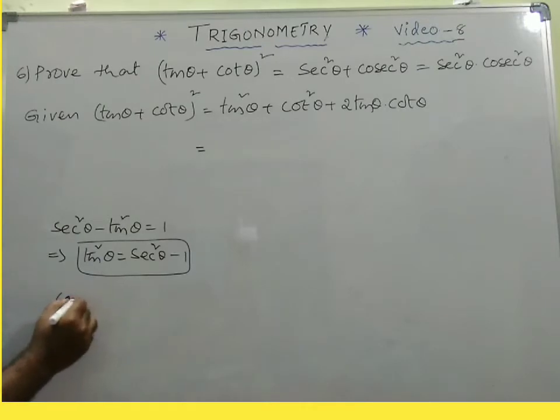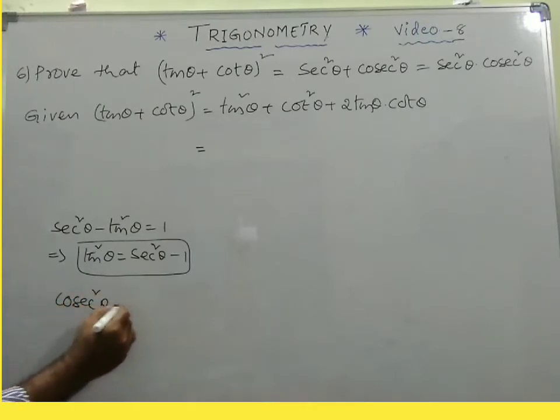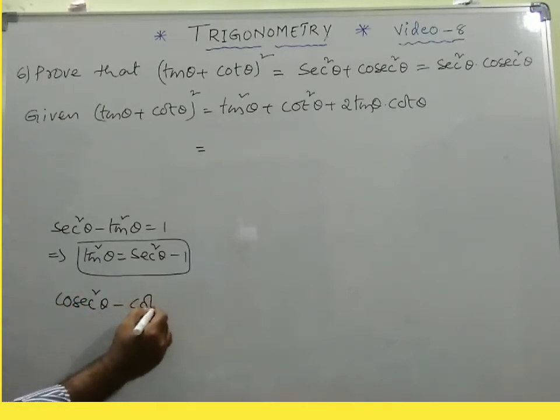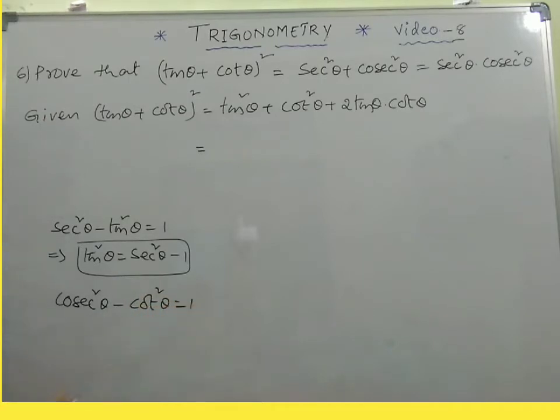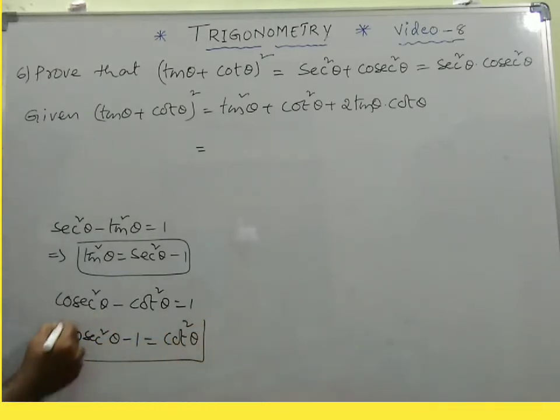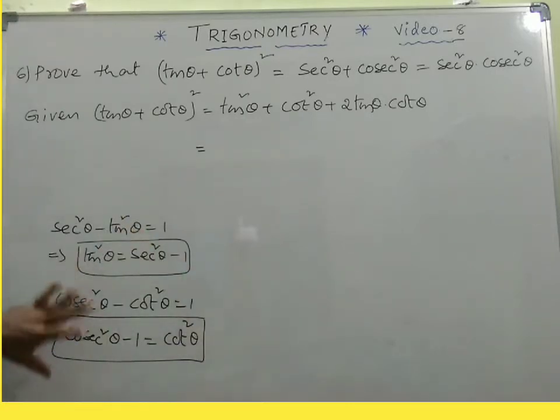Similarly, we also have an identity that cosecant square theta minus cot square theta is equal to 1. So cosecant square theta minus 1, we can write as cot square theta. Because my answer is in terms of secant and cosecant, that is why.